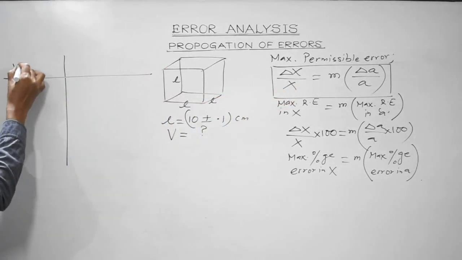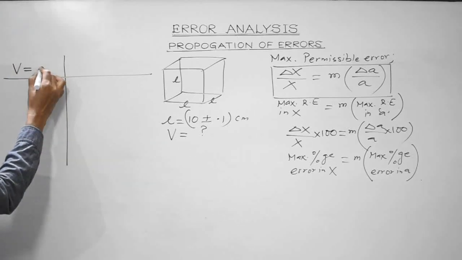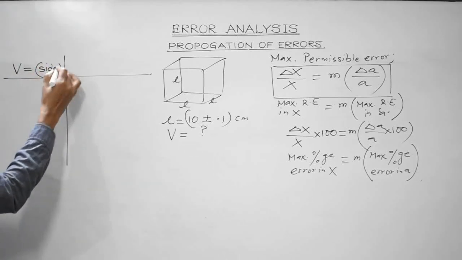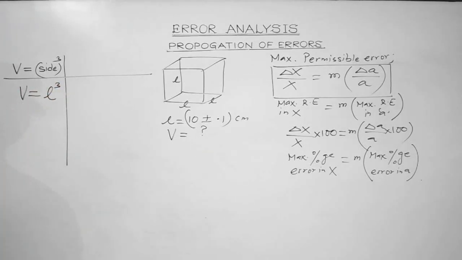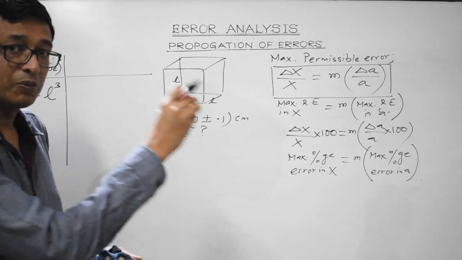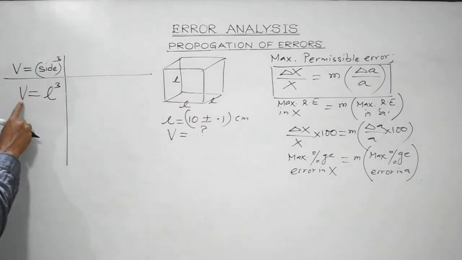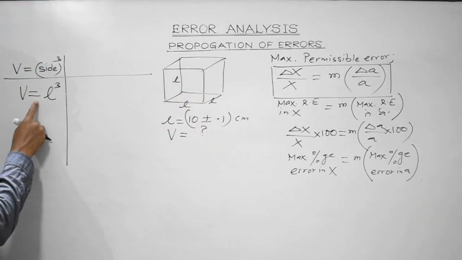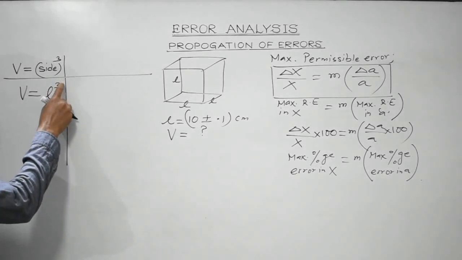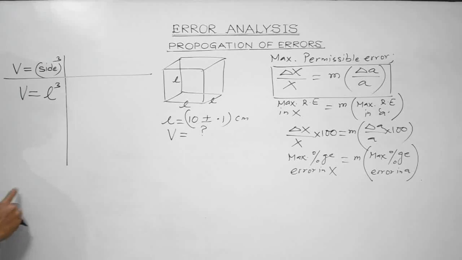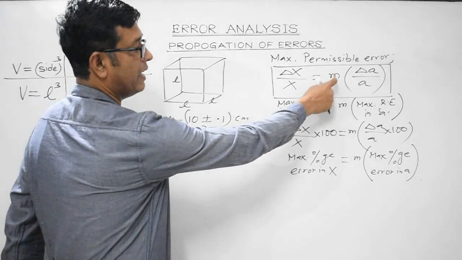What's the formula for the volume of the cube? Volume is side cube. So V is equal to L cube. So this numerical relates to this particular article, whereby the result involves some power of this measured value. Here the power is 3. In the article we have considered the power to be m.